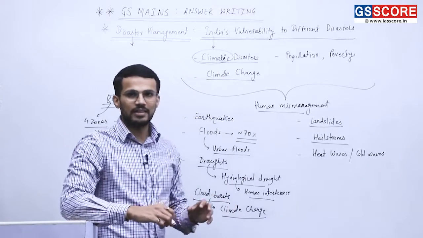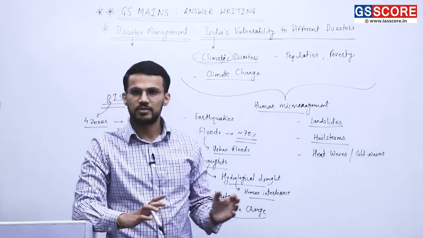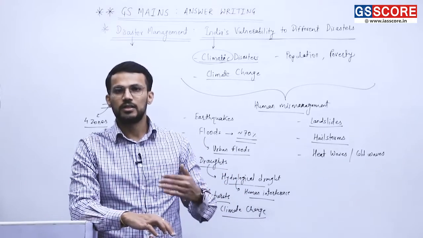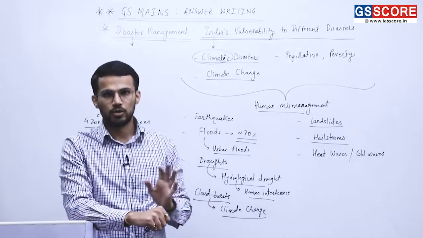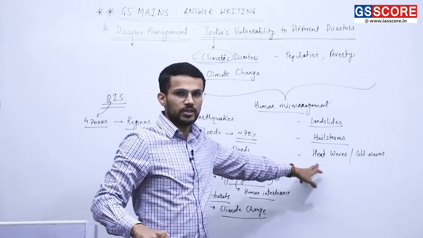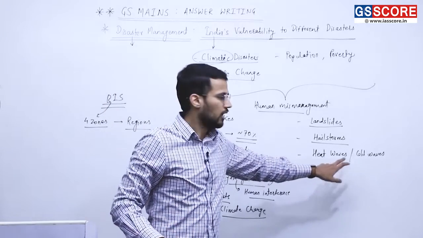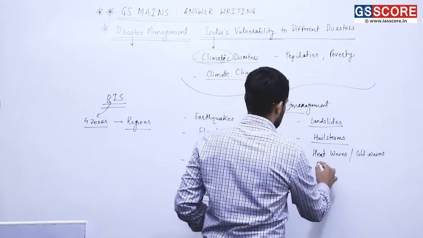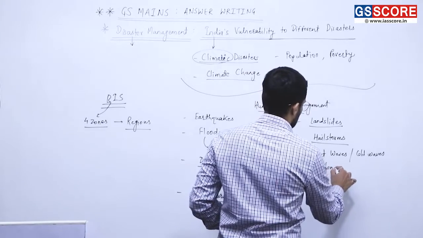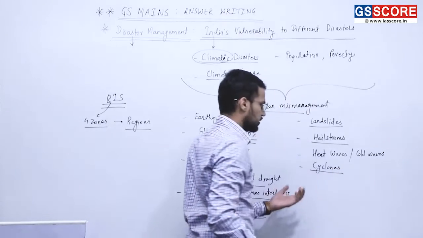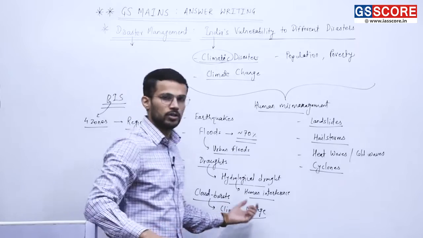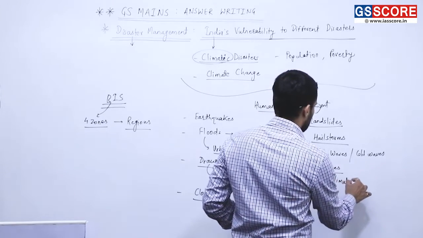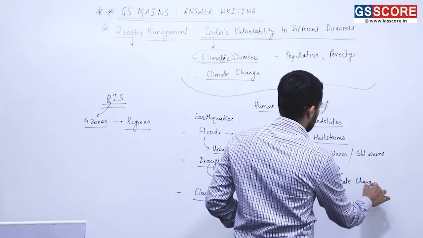Where intense temperature increase is seen in certain regions of India, and during winters, the temperatures fall below the normal level. So different regions are witnessing heat and cold wave conditions. One more important disaster is cyclones. And again, cyclones can also be attributed to the changes in climatic conditions.